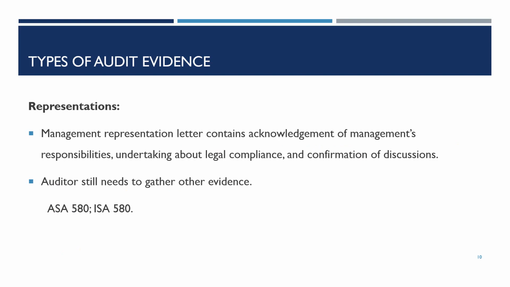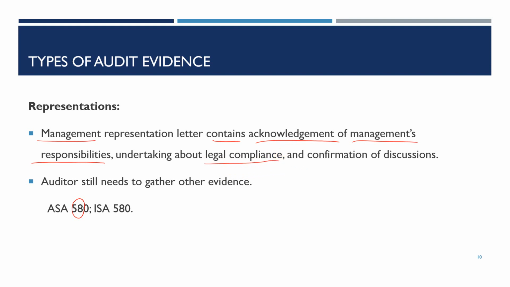ASA 580 requires that an auditor should obtain written representation from their client's management. A management letter includes an acknowledgement of the management's responsibility for the preparation of the financial report. Management is responsible for ensuring that the report is prepared in accordance with the Corporations Act, giving a true and fair view of the company's financial position and complying with Australian accounting standards.